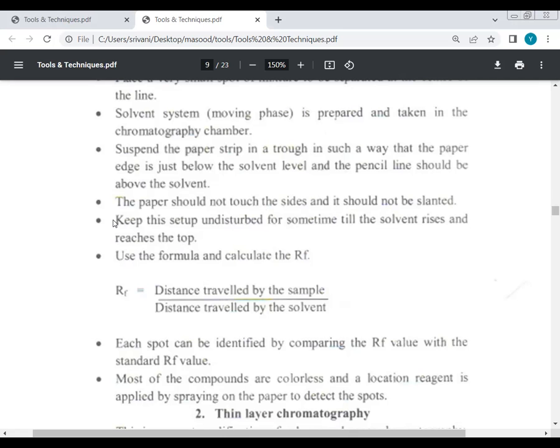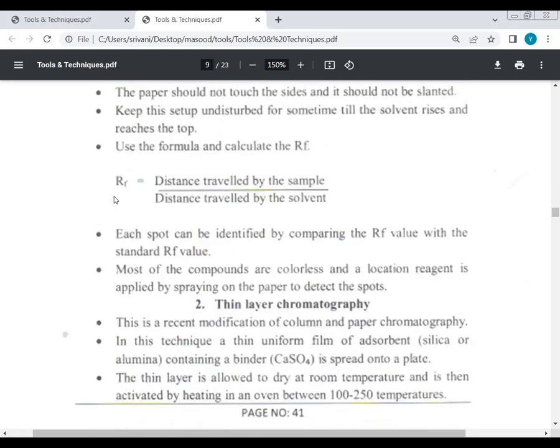Then afterwards you can use the formula and calculate the Rf value. Okay, Rf is equal to the distance traveled by the sample divided by the distance traveled by the solvent.